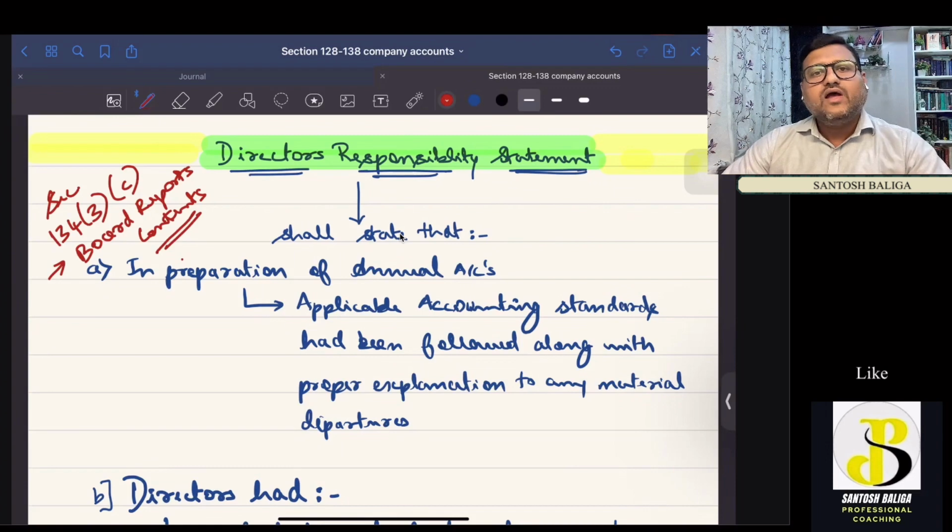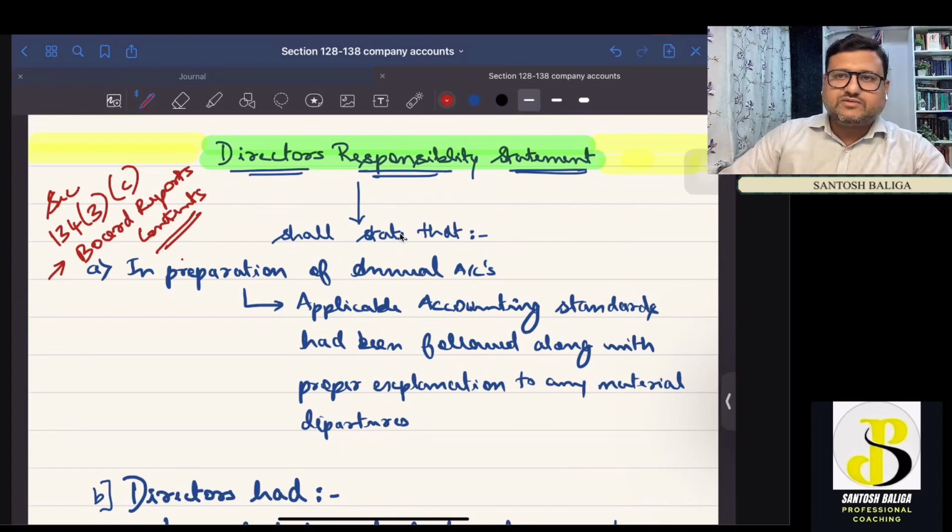Now, along with the other documents that are provided, like the financial statement, the notes of the directors have already been provided. And apart from that, directors' responsibility statement is one very, very important document which is a part of the board report.